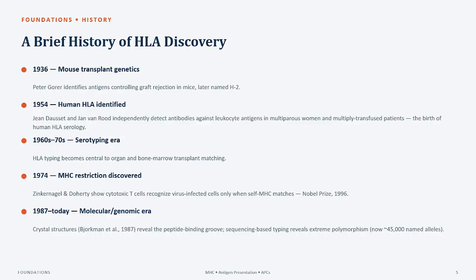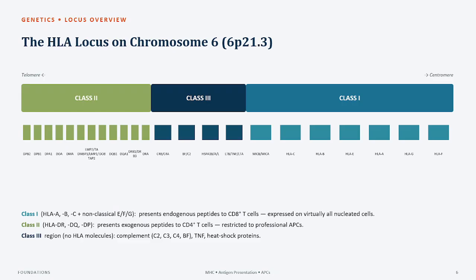Then comes the serotyping era of the 1960s to 1970s, where HLA becomes central to organ and bone marrow transplant matching. And till today, it's a molecular genomic era. Crystal structures have been revealed, including the peptide binding groove, and sequencing based typing reveals extreme polymorphism, with now 45,000 named alleles. This is how HLA discovery started, and where it stands in today's generation.